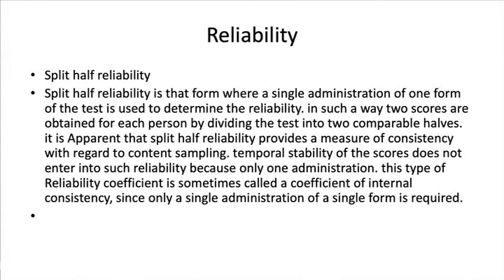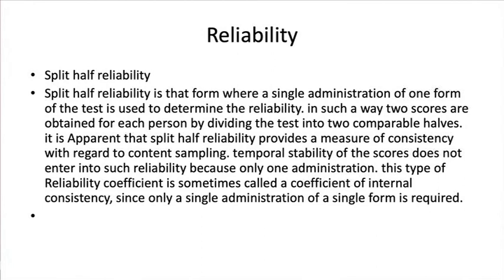In such a way, two scores are obtained for each person by dividing the test into comparable halves. It is apparent that split half reliability provides a measure of consistency with regard to content sampling. Temporal stability of the score doesn't enter into such reliability because there is only one administration.